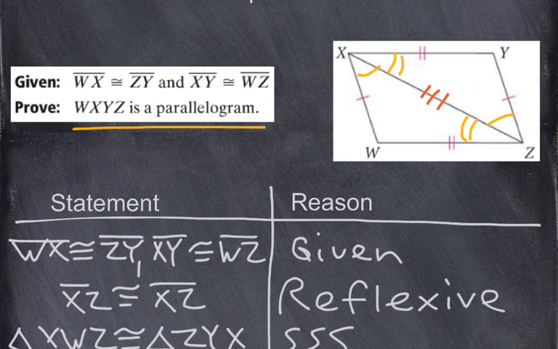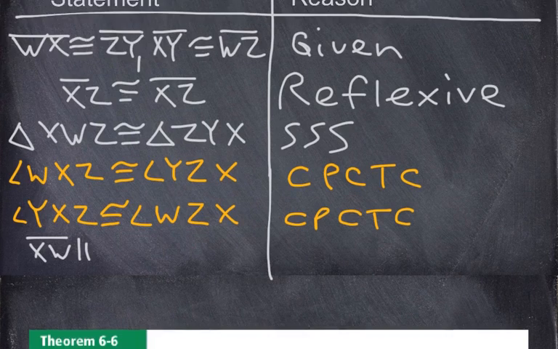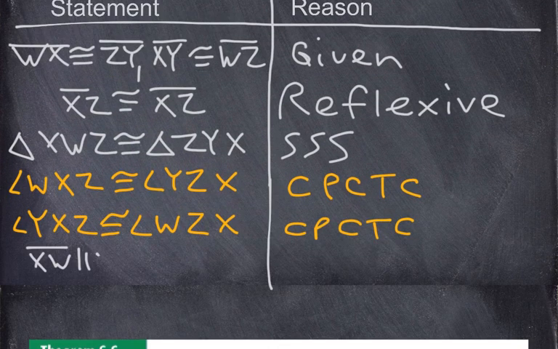Now, since those are congruent, notice when we've dealt with alternate interior angles before, if alternate interior angles are congruent, that proves that the sides are going to be parallel. So we could say now that XW is parallel to YZ, and in like manner also we can say XY is parallel to WZ.